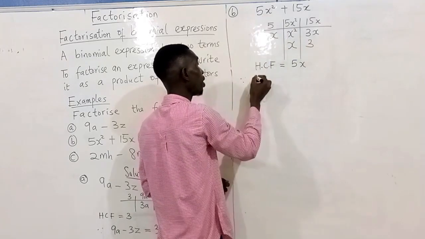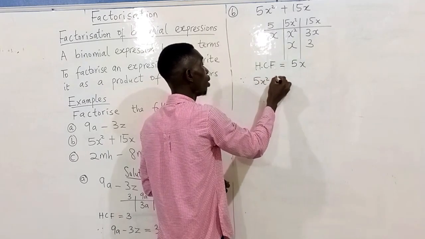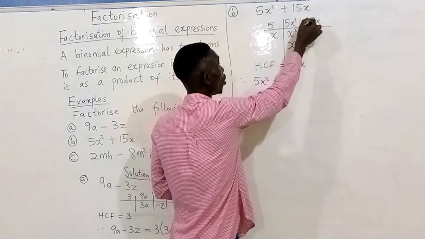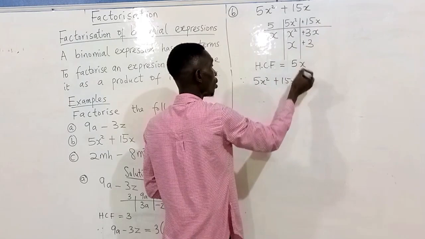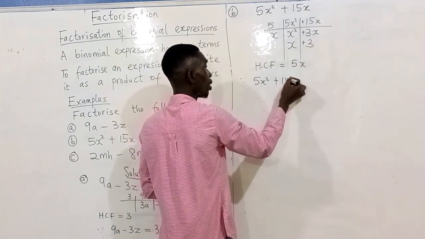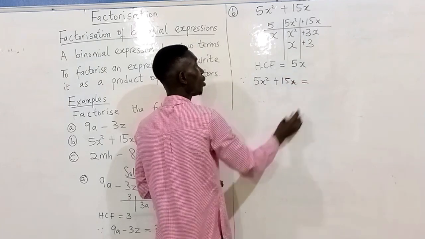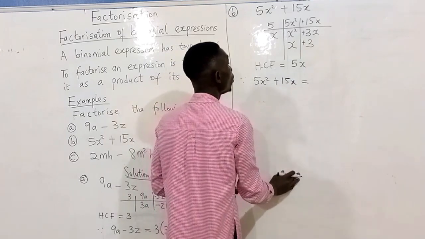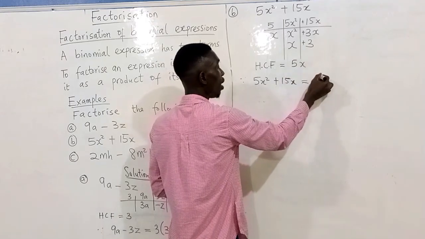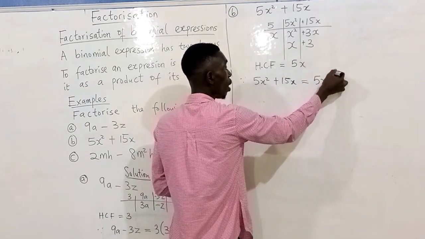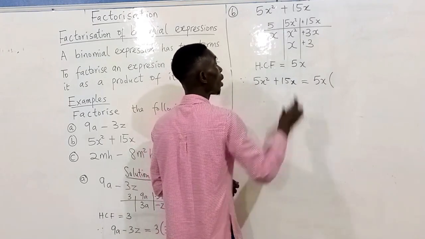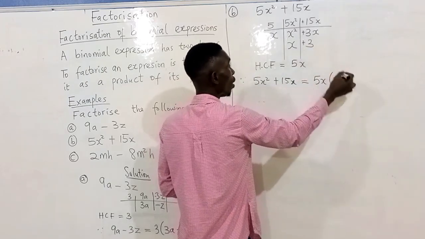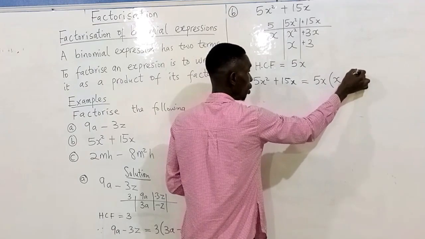Therefore, to factorize 5x squared plus 15x, remember the sign between them is plus, you can just bring it down. So we have 5x squared plus 15x is equal to, bring out the HCF, which becomes a factor, and then open up a bracket, bring what is left here, x, and bring what is left here, plus 3.